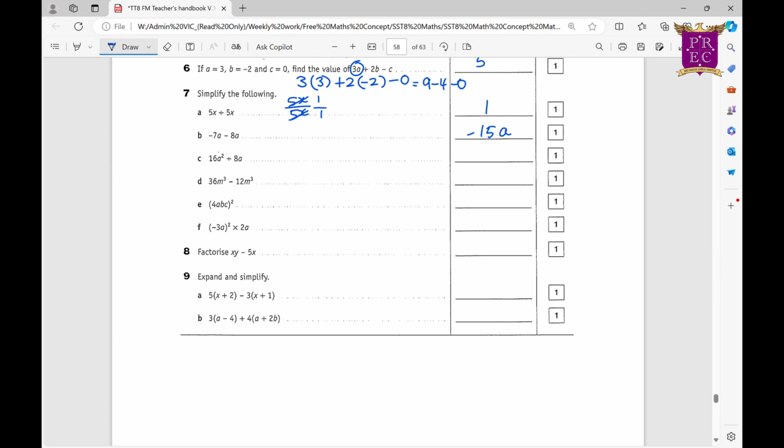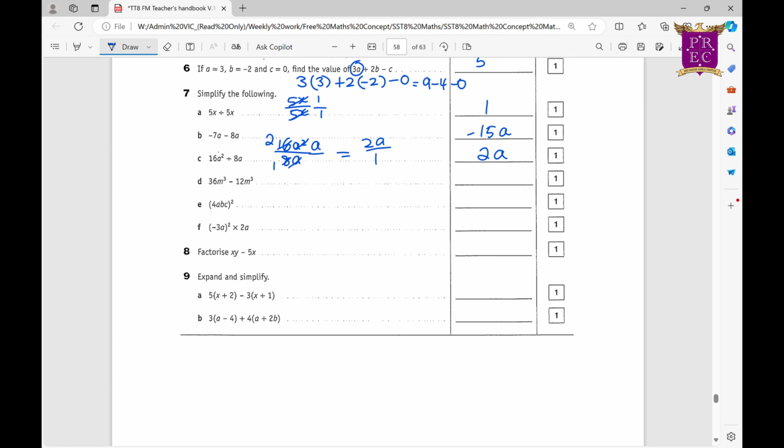Second question, the third part can be written out as 16a squared over 8a. And you can just cancel those out. That leaves you with an a and just nothing there. And 16 divided by 8 is 2, so you're just left with 2a over 1, which can be written as 2a.